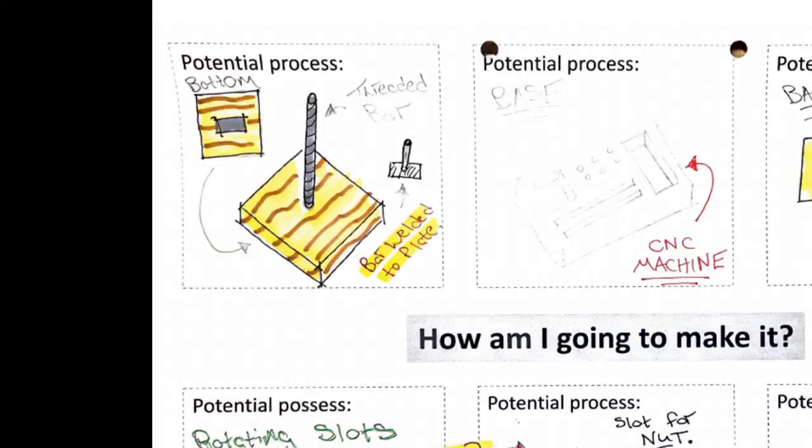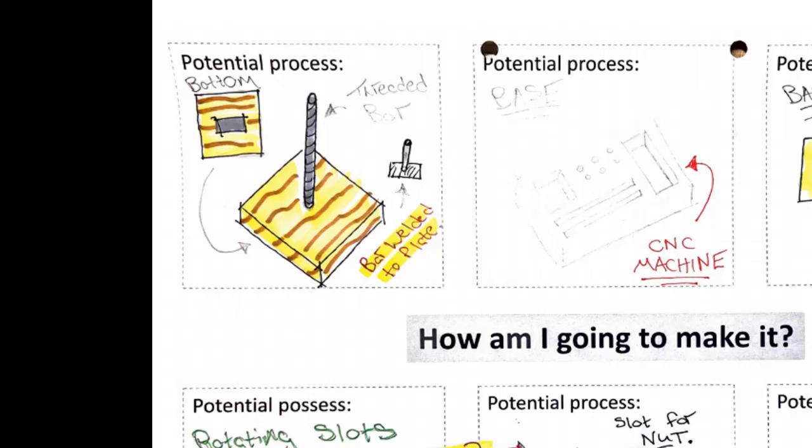Then the potential processes: looking at how to attach the threaded bar to the base, and the different types of bases. Would I just use the CNC machine and take out slots? I was leaning more towards a jigsaw puzzle to attach pieces onto the base.